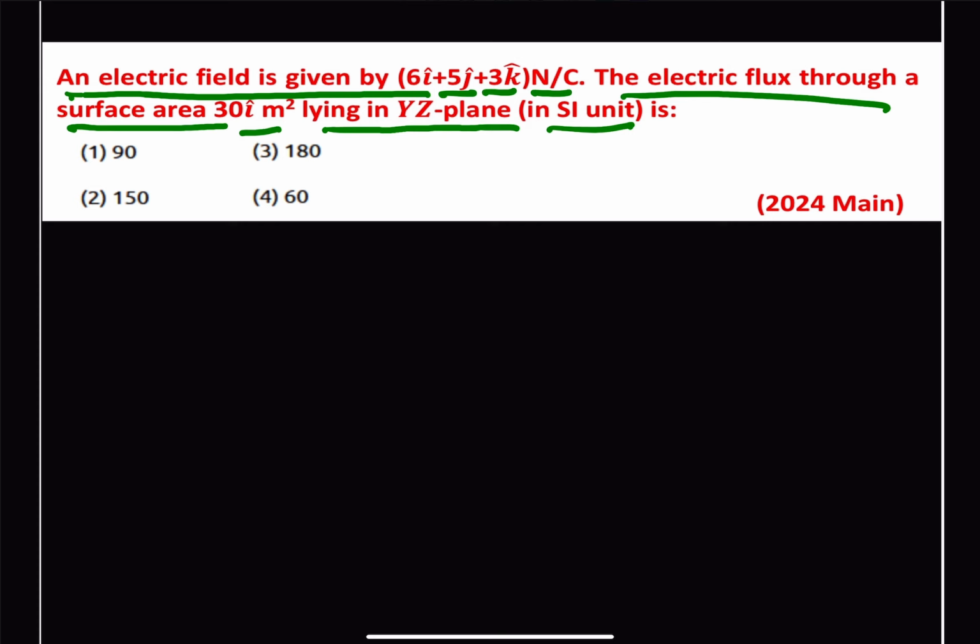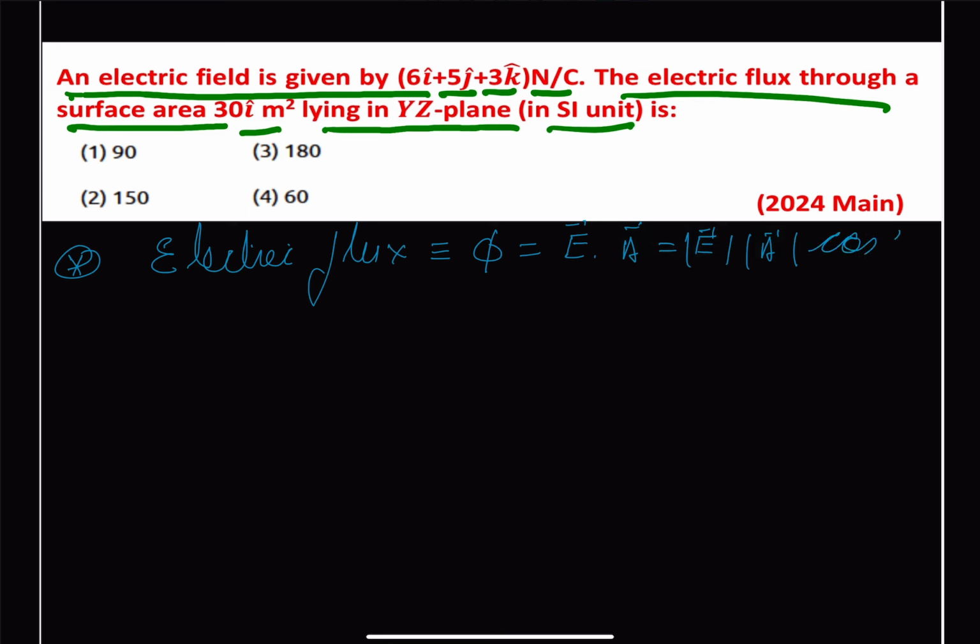So we can say that our electric flux phi will be equal to E dot A, or we can say this will be E, magnitude of A and cos of theta. Theta is the angle between the two, and we can just substitute because the vector notations are given to us.